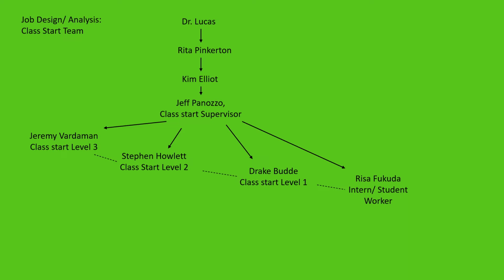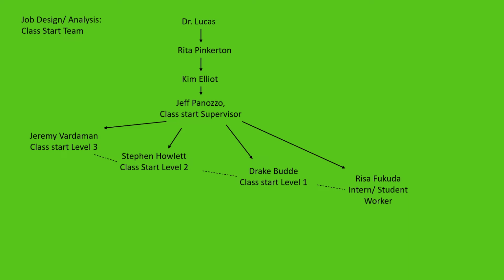Stephen holds level 2, I hold the term level 1. That's intended to be an indication that Jeremy knows more about the job than Stephen, Stephen knows more about the job than I do.